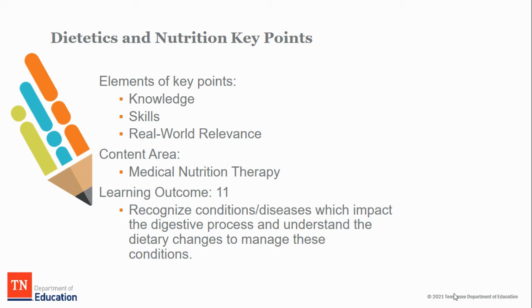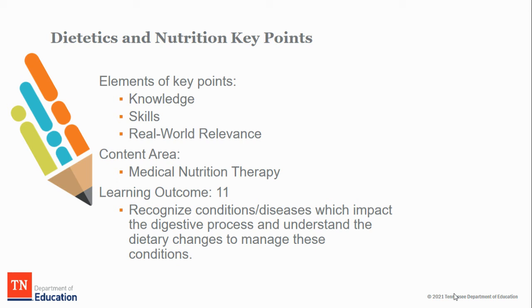So in the content area of medical nutrition therapy, learning outcome 11 says to recognize the conditions and diseases which impact the digestive process and understand the dietary changes to manage these conditions. Now, this learning outcome is a lot more complex than that previous learning outcome that we looked at. So here you're going to have multiple conditions and diseases to look at.